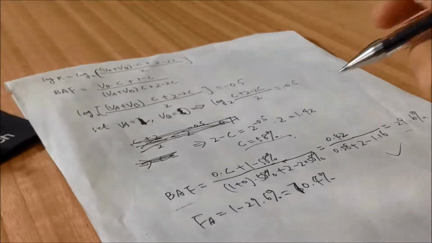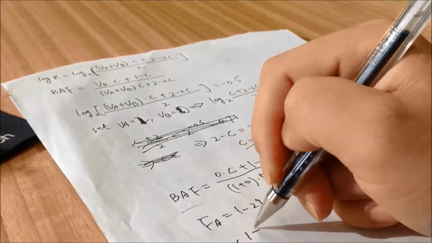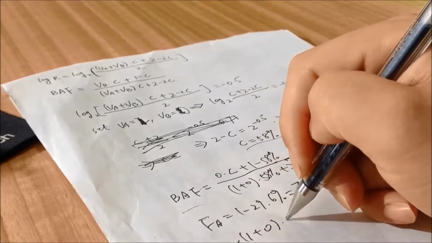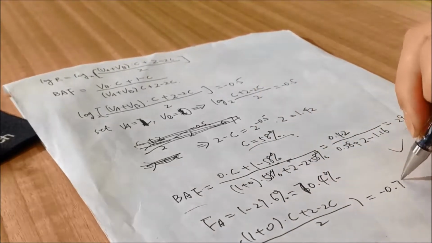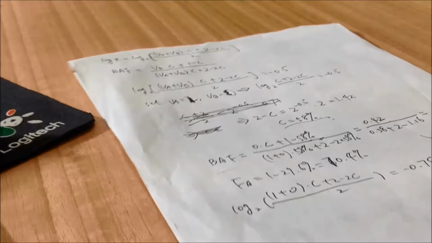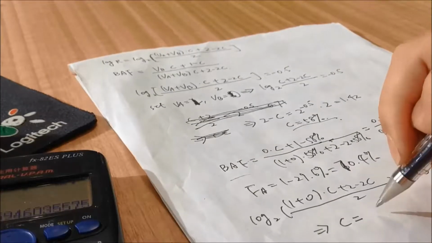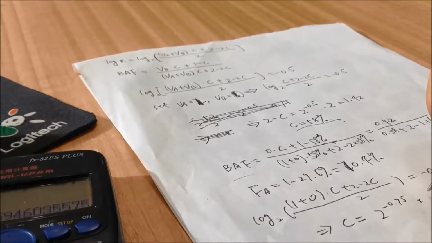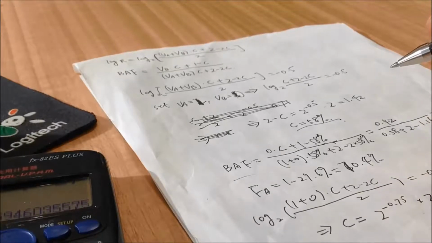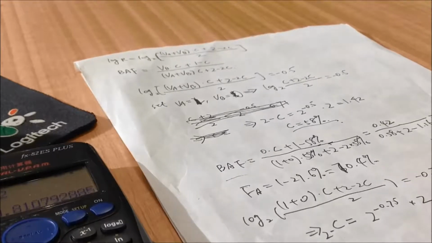But the log ratio in this case will be minus 7.5. So in this case, we solve C, which is 81%.